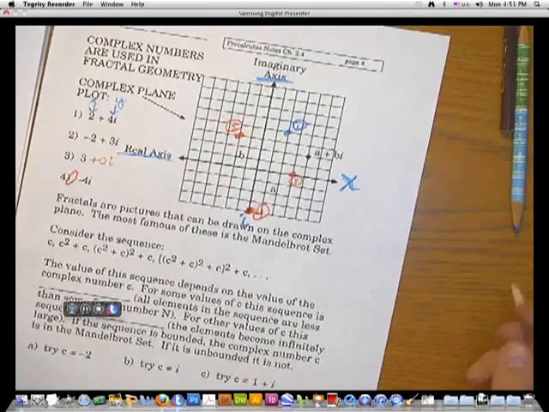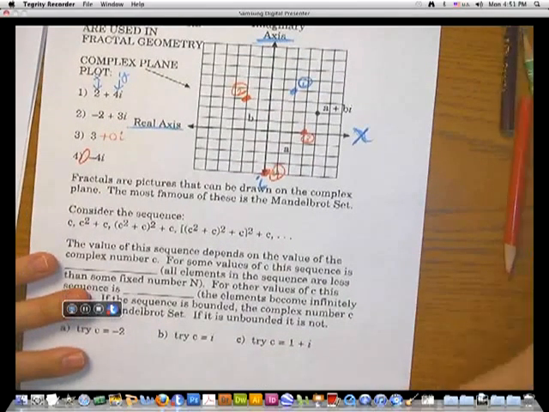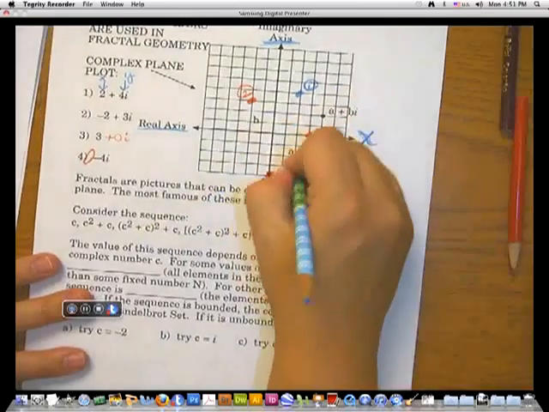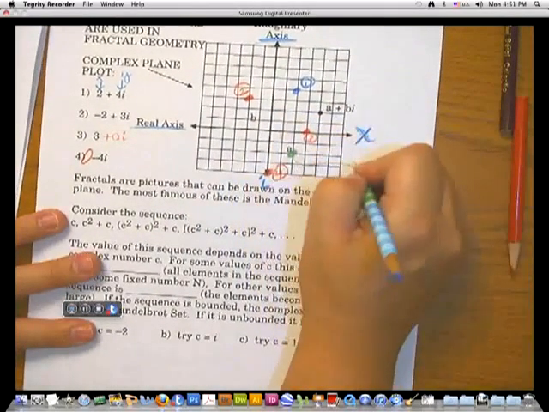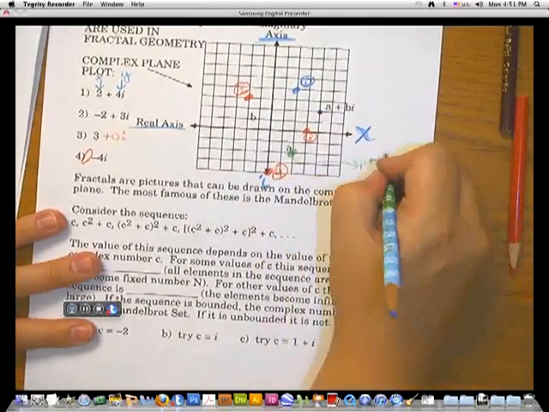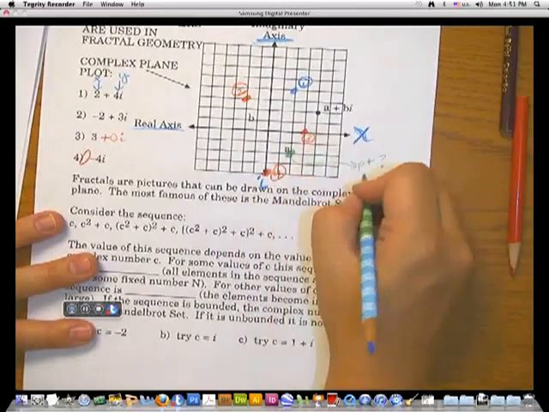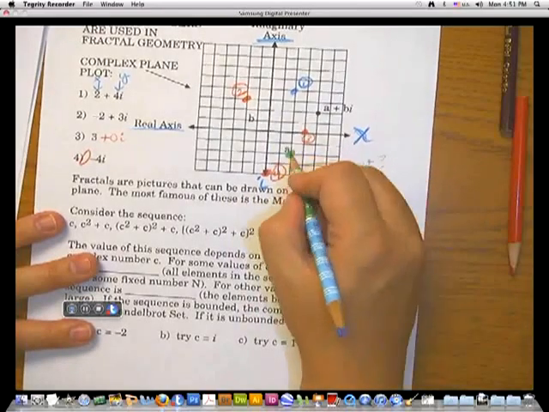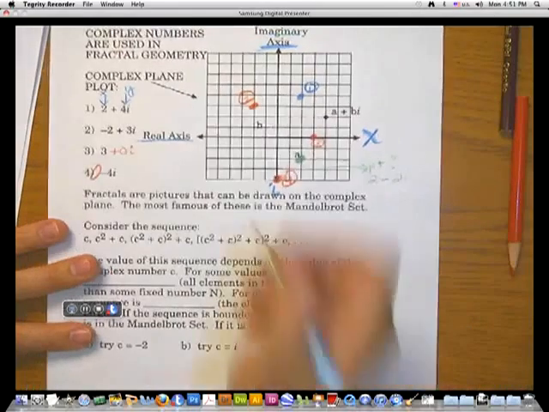Now, I do want you to look at, let me give you these points here. If I call this A, could you tell me what is the point of that? Well, the real part is 2, and the imaginary part is negative 2.